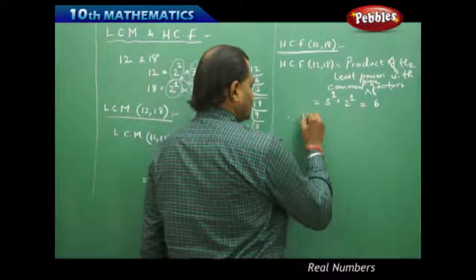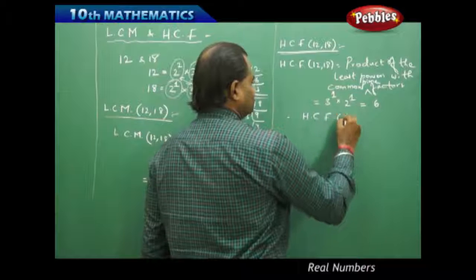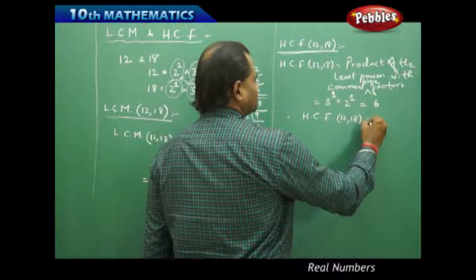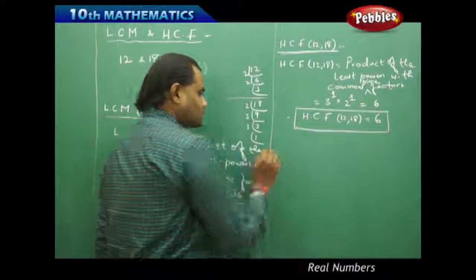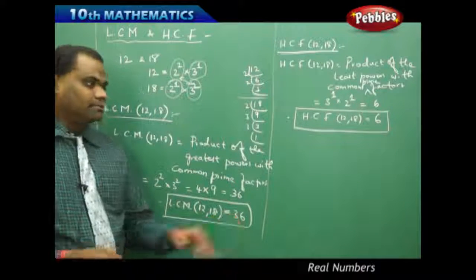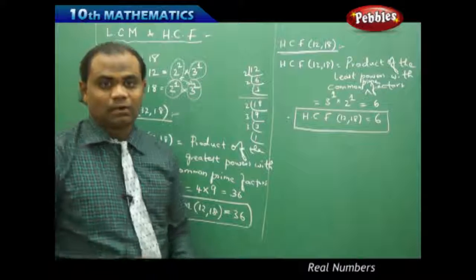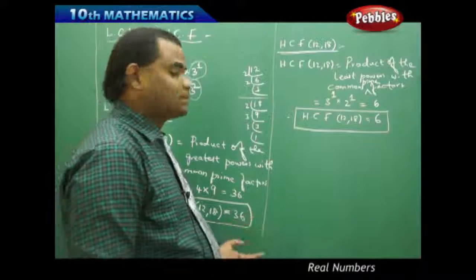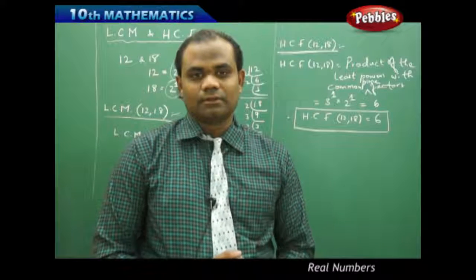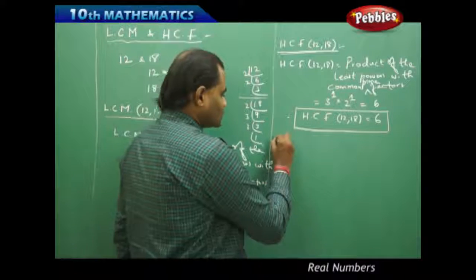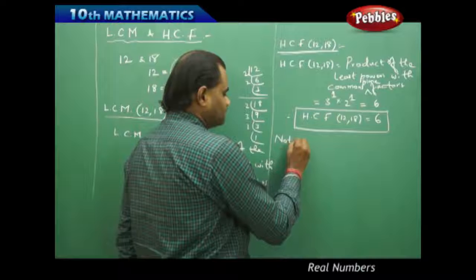Therefore, the highest common factor of 12 and 18 is 6, and the least common multiple of 12 and 18 is 36. This is how I identify the difference between understanding LCM and HCF.